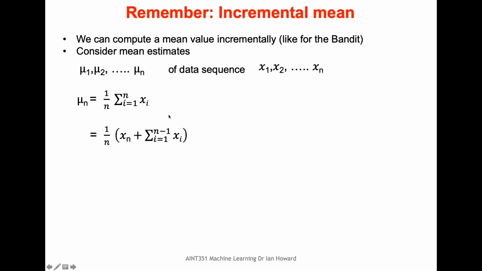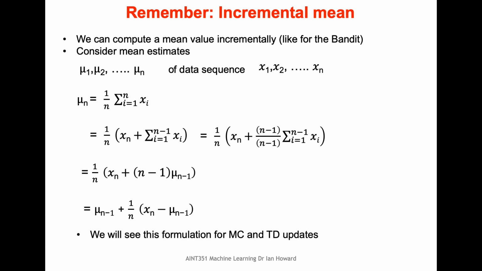Rather than calculating the mean by taking all the values, adding them up and dividing by the total number, if we remember, we can split it up such that we've got the mean up to n-1 steps, and then we can just add on the latest episode quite easily. We don't have to do the whole calculation again if we don't want to. We can do this online update like we did before.